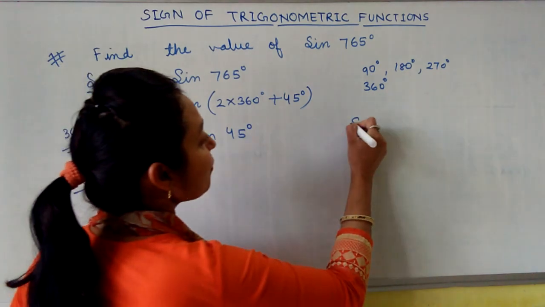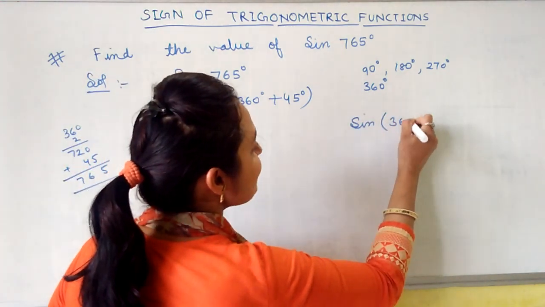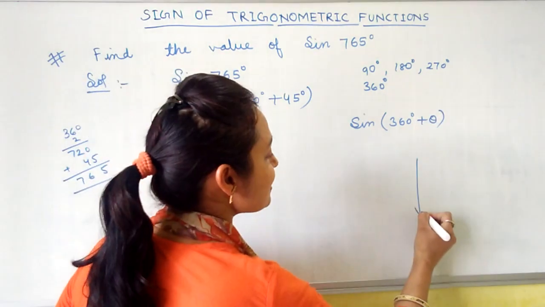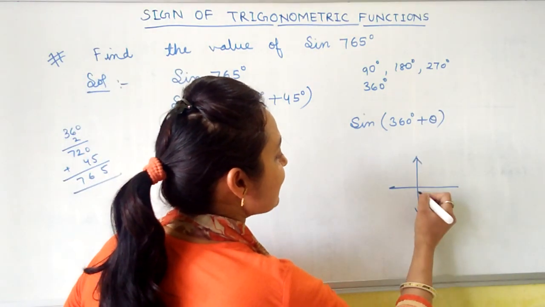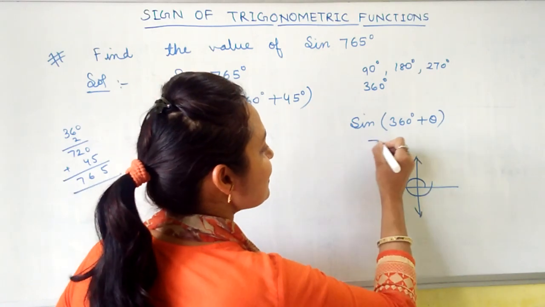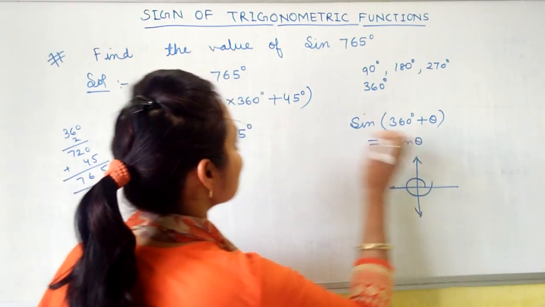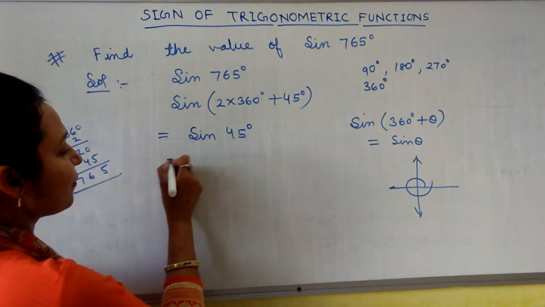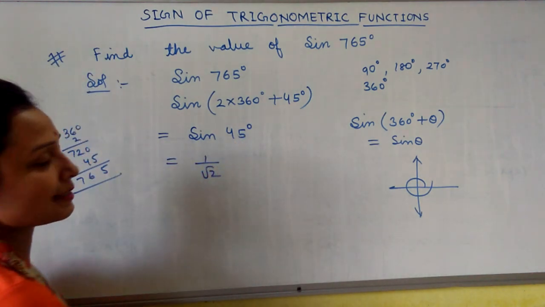You all know sine of 360 plus theta lies in the first quadrant, so it is sine theta. The same angle, 45 in place of theta, so I will write the angle like this.